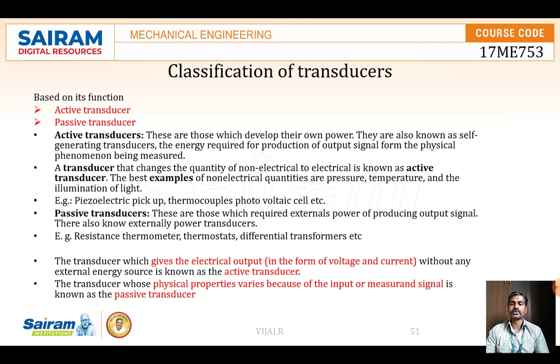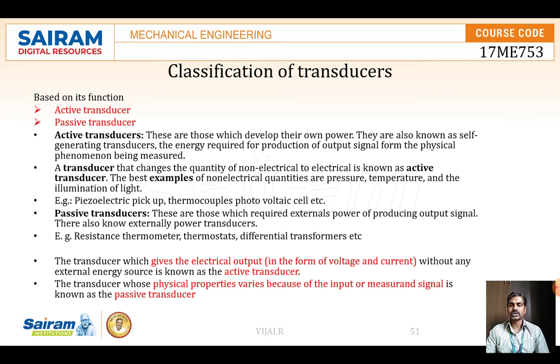It gives the electrical output without getting any external energy. That is the active transducer. Examples are a piezoelectric pickup, thermocouples, and photovoltaic cells. These are all active types of transducer.